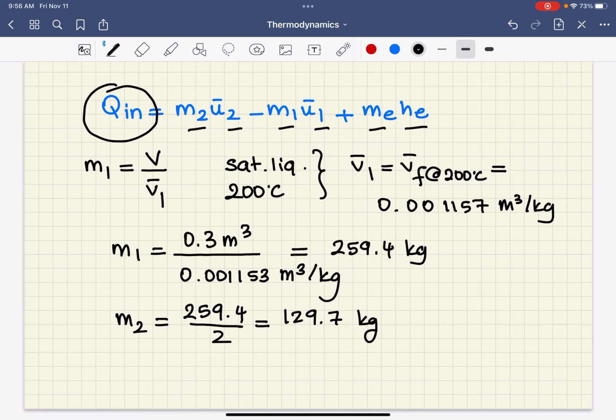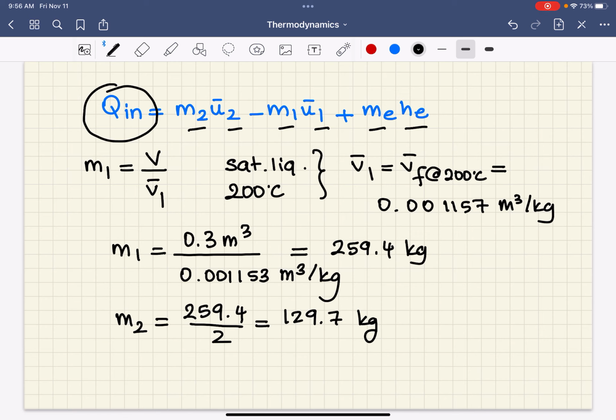Okay, very good. Now, can we write the mass balance on this system? Yes, we can, because for an unsteady flow device, the first thing you need to write down is the mass balance and then the energy balance. We know now for sure what is the second mass, what is the first mass.